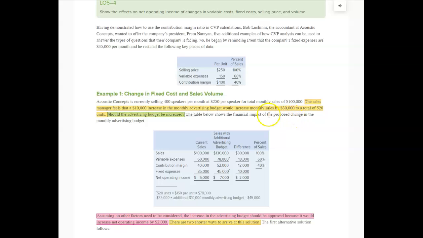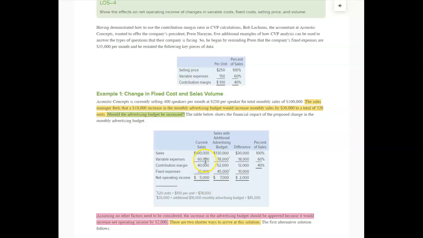So look here, we're changing the fixed cost for the period. Advertising going up $10,000. We think we can sell more units. So would this pay for itself? If we spend $10,000 more in advertising and increase units to 520, will profits be higher or lower?